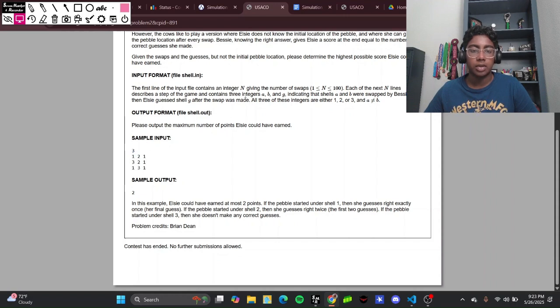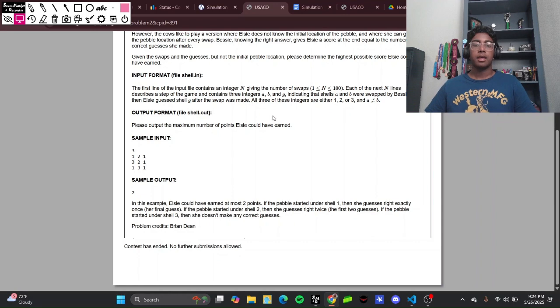This 3 is the number of swaps, n, and then you'll get 3 integers in each of the n lines following that: A, B, and G in that order. How it works is you swap shells A and B, and then Elsie is guessing that the pebble is under shell G. So the shells A and B are swapped by Bessie, and Elsie guessed shell G after the swap was done.